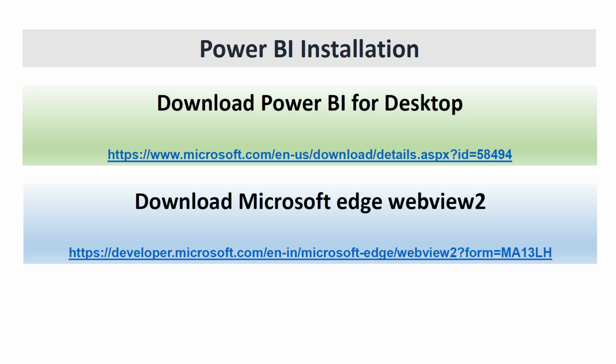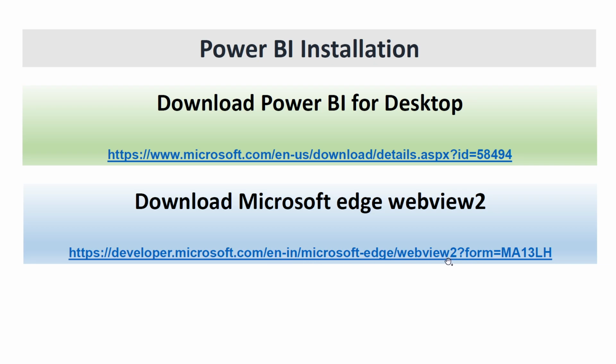In this tutorial, we will install the Power BI for desktop. This software needs two components. One is Power BI itself and the second one is Microsoft Edge WebView 2. Now, if this component is not installed, then the latest Power BI will by default try to install it.